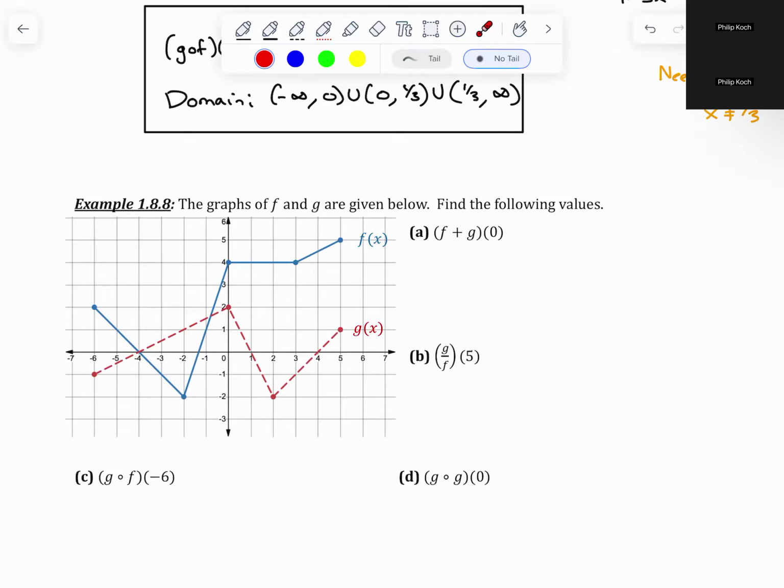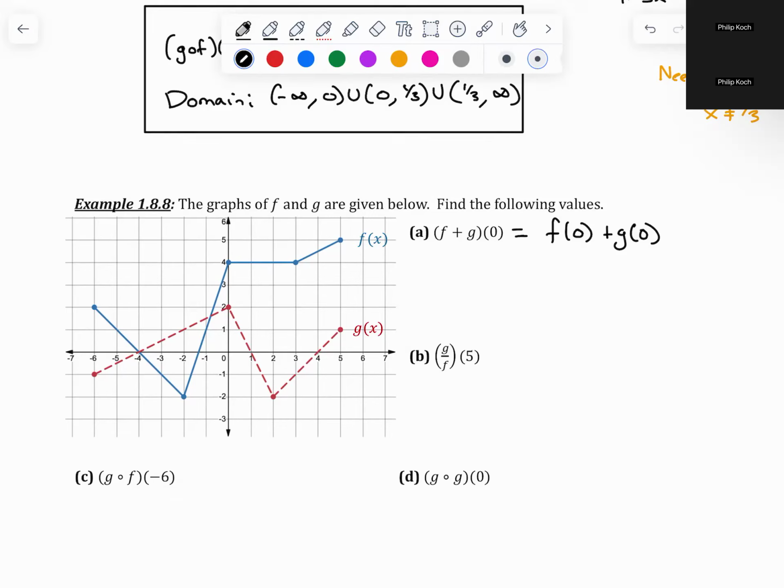Oh no, we can't compute them because we don't know the equations. Appeal straight to the definition. Exactly right. We'll use the lines. So, in particular, f plus g of 0 is by definition f of 0 plus g of 0. That's what the algebra tells us.